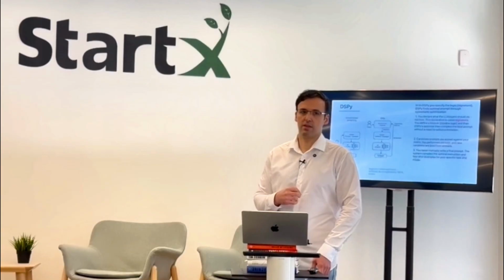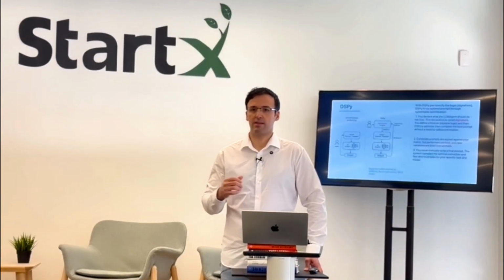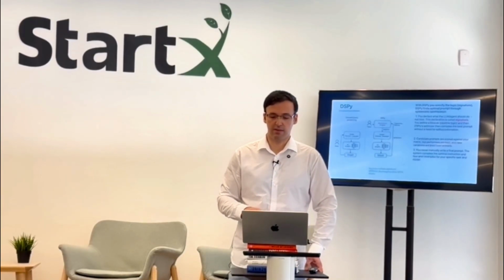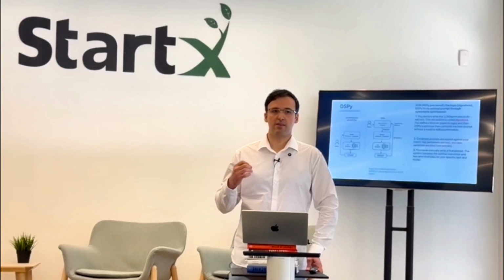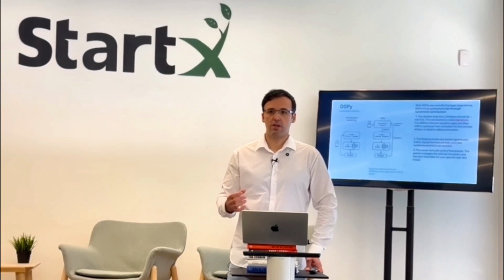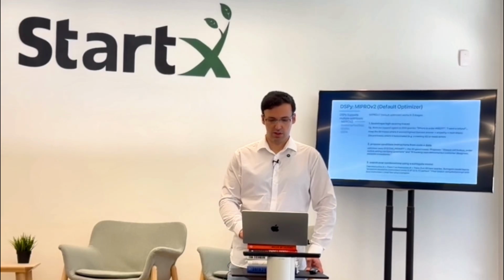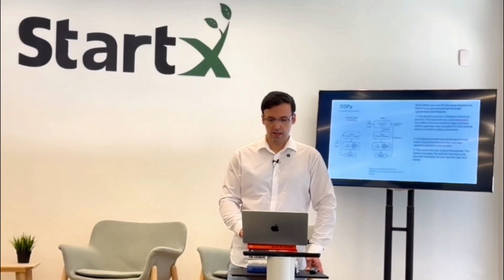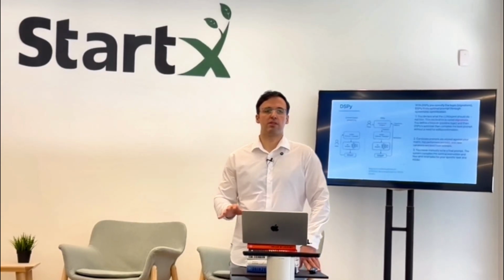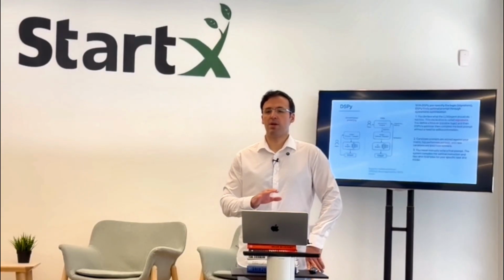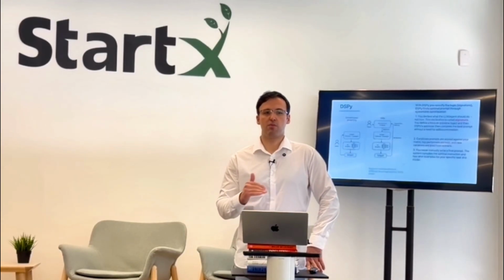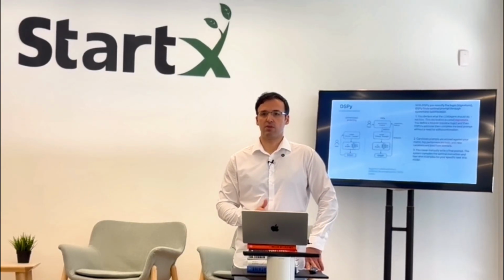The word signature and DSPy are often used in the same sentence. You determine the signature for your agent, you mention that signature, and DSPy makes everything for you. It generates the prompts based on the signature.